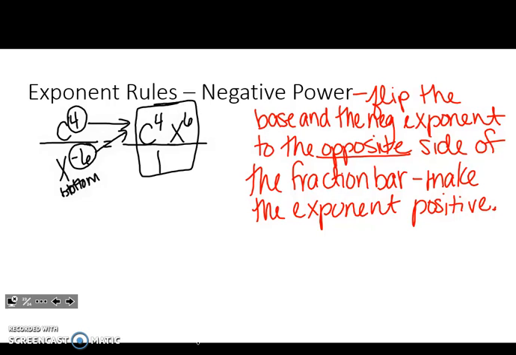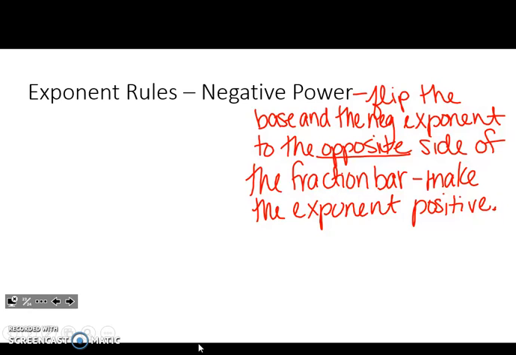So my final answer is c to the fourth, x to the sixth over 1. Guys, if it is not a negative exponent, it is not going to move. All right, so let's look at a few.